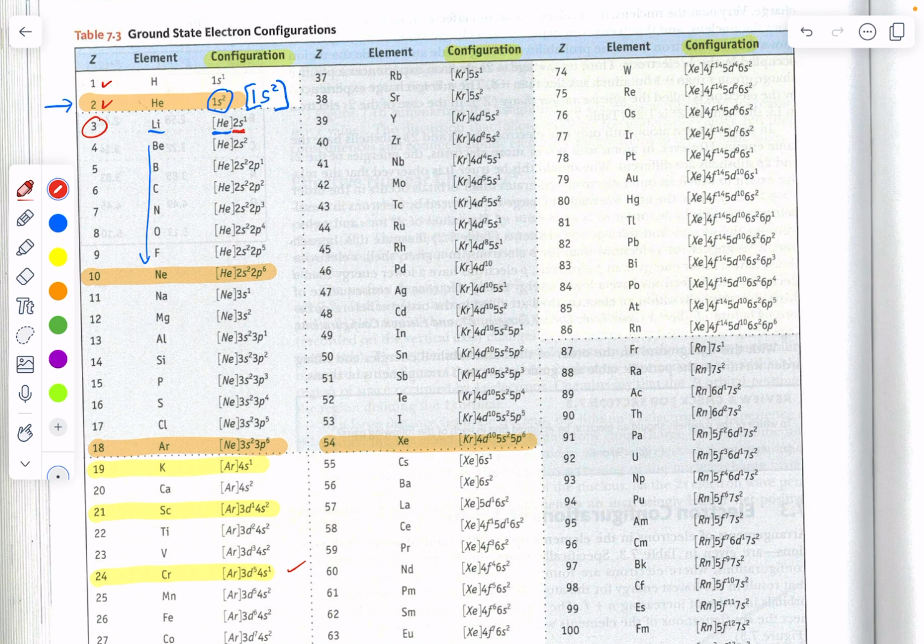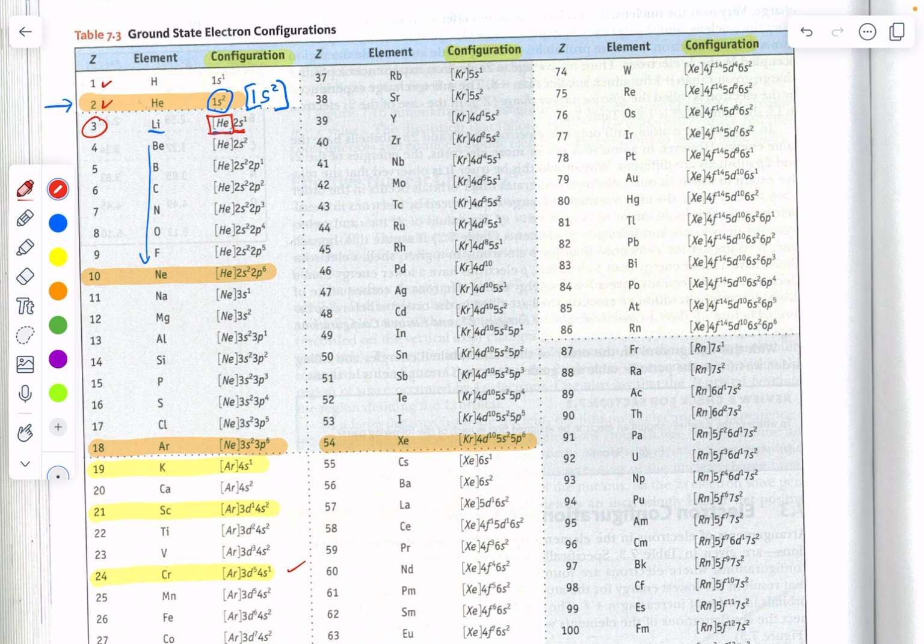Using the brackets of the previous inert gas is a shortcut, and I would recommend you use the shortcut, because when electrons are gained or lost during bonding and during chemical reactions, it's never the core electrons represented by the inert gas in the brackets. It's always the valence electrons, which are the designations that come after the symbol in the brackets.